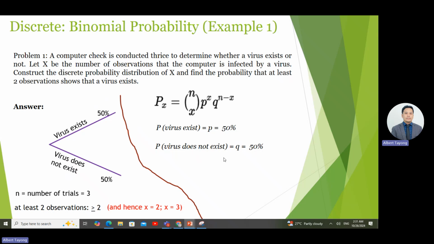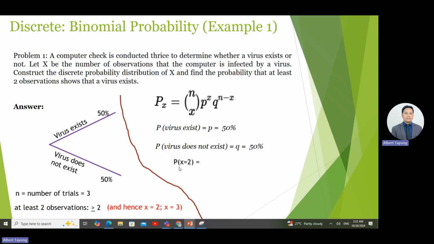And the opposite is q, and we call that the probability of failure. Here success is virus exists, and failure is virus does not exist. Success and failure here are not like the success and failure in reality, where we talk about succeeding or failing. Here we talk about what is asked in the problem, okay? And the opposite of that is q.